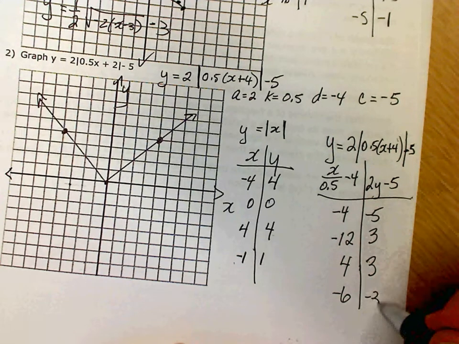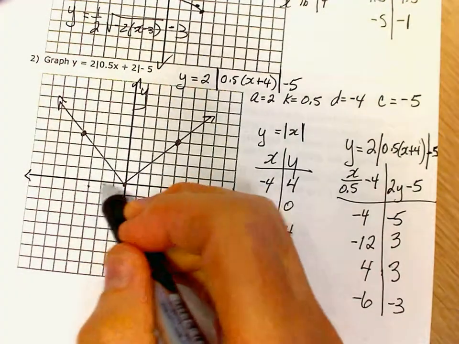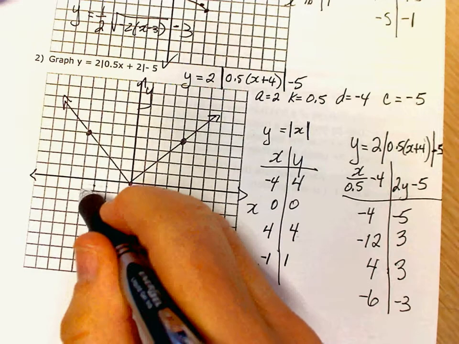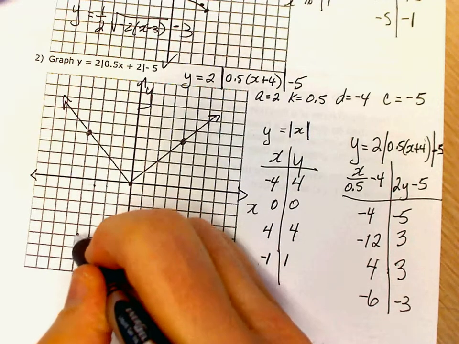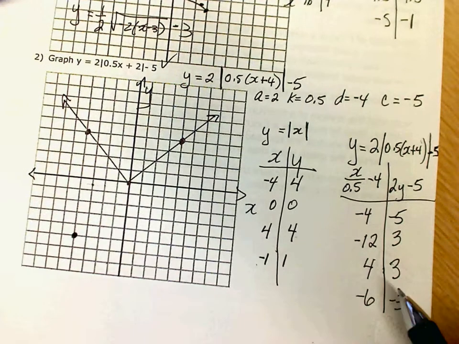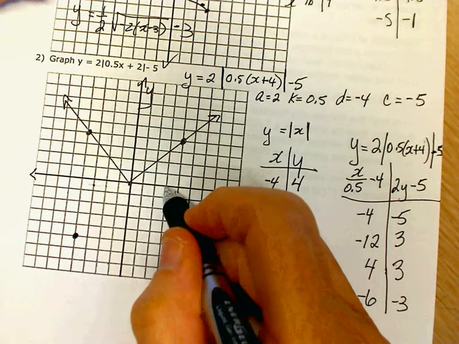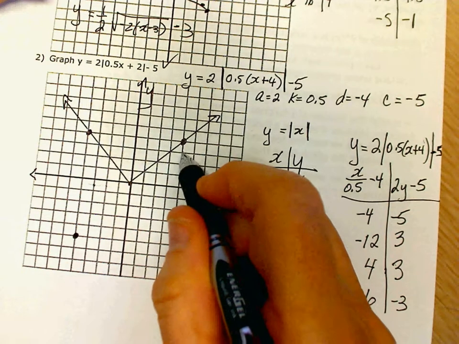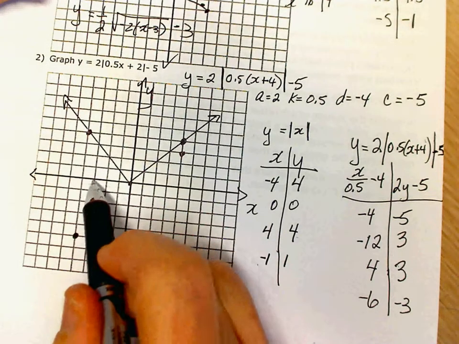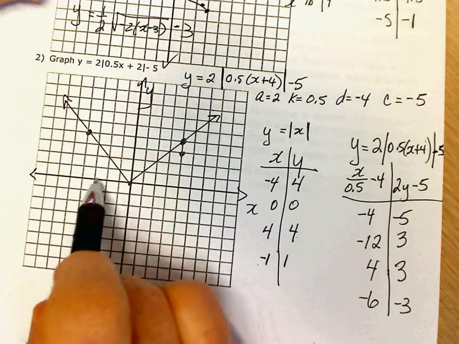Okay, let's get our points in. Negative 4, negative 5. 1, 2, 3, 4. 1, 2, 3, 4, 5. Negative 12, 3, that's right off my grid. So let's do 4, 3. 1, 2, 3, 4, 1, 2, 3. Negative 6, negative 3, 1, 2, 3, 4, 5, 6, 1, 2, 3.